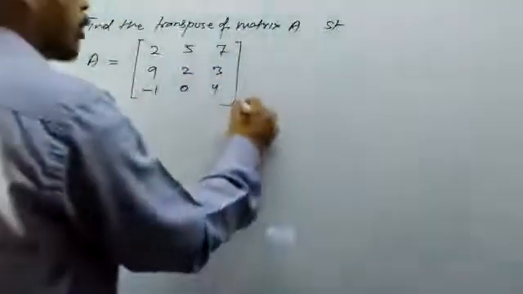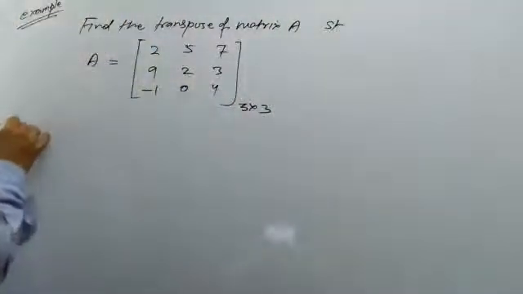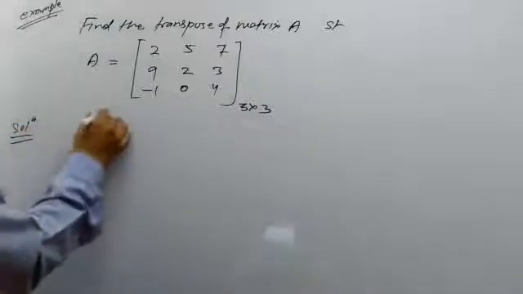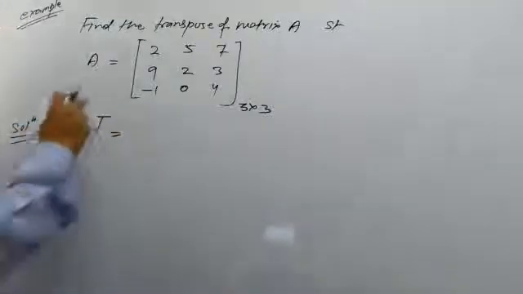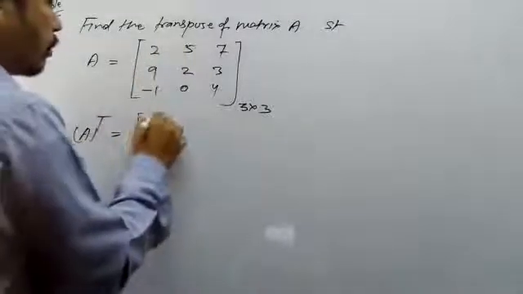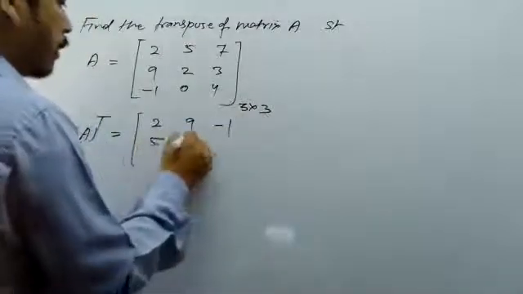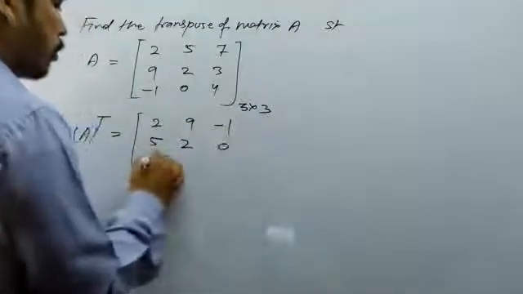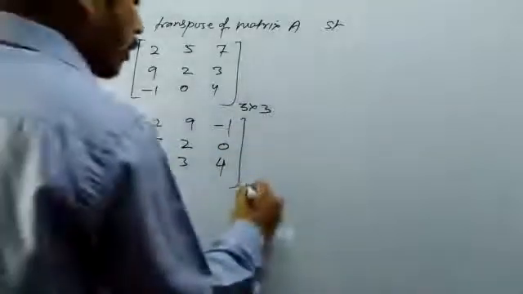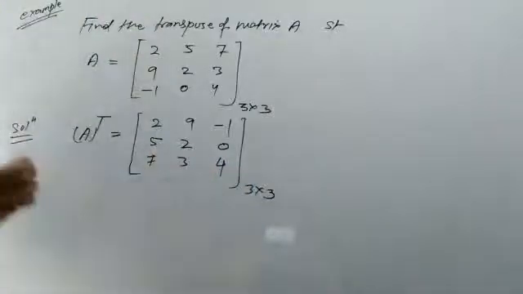This is of order 3 cross 3. So the solution is here. Their transpose is denoted by A^T, and A^T can be written as rows into columns, means [2, 9, -1; 5, 2, 0; 7, 3, 4]. This is the transpose of the given matrix A.